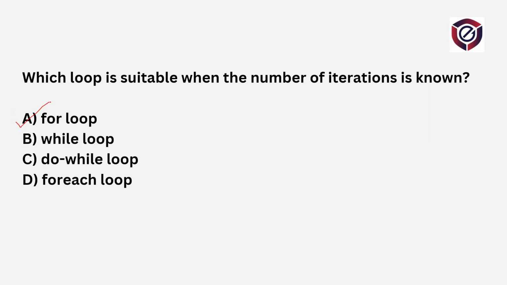Like in the for loop, we are starting from i equal to 1, and at i equal to 11 it stops, which means we are going to execute for 10 times, 1 to 10, and before it goes for the 11th, it will be broken. So whenever we know the starting number, ending number, or number of times it is going to iterate, in such a situation the for loop is the best.